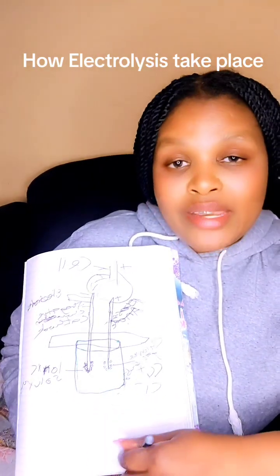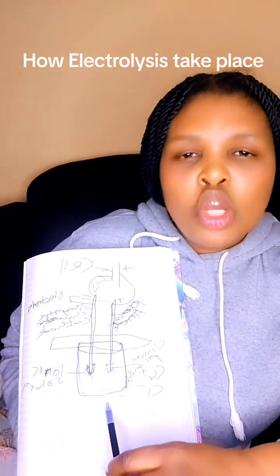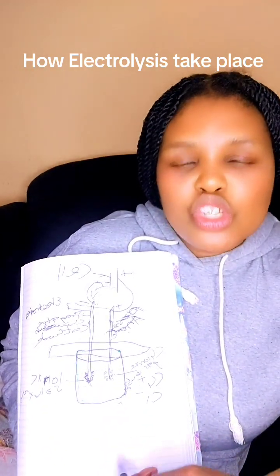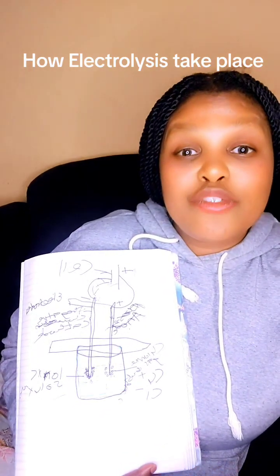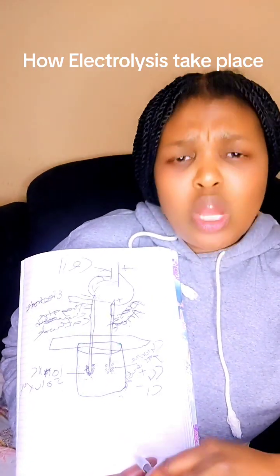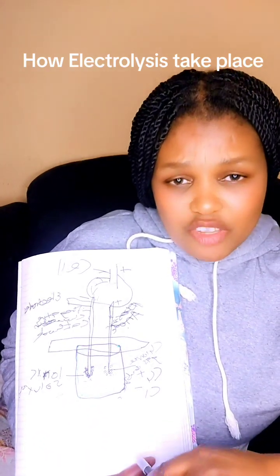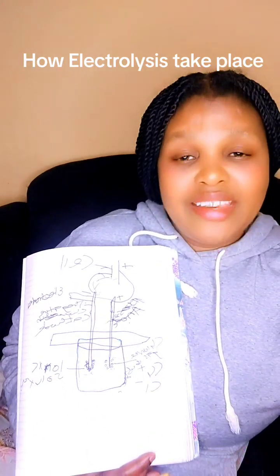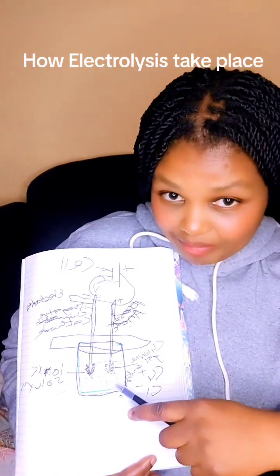Electrolysis is when electric current passes through a solution called ionic solution. Ionic solution, remember, is the solution that has got charges in it. I showed you how to make an ionic solution in the previous video.